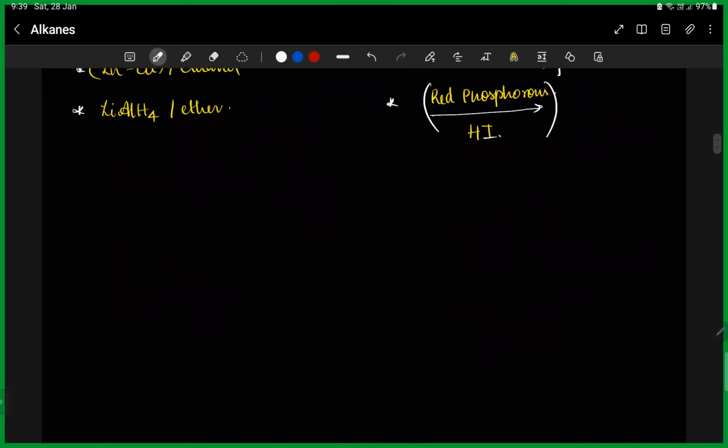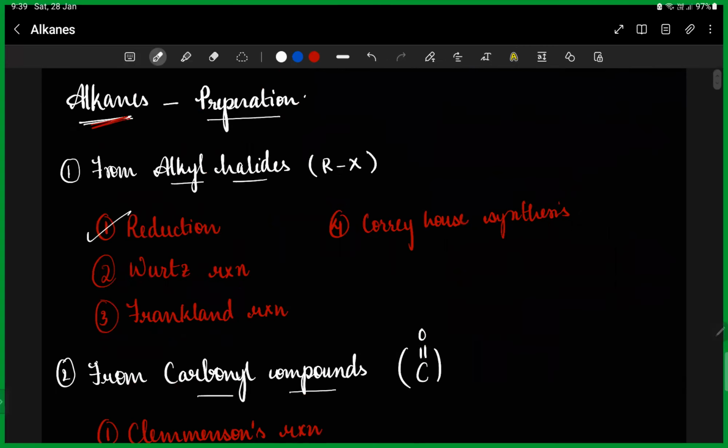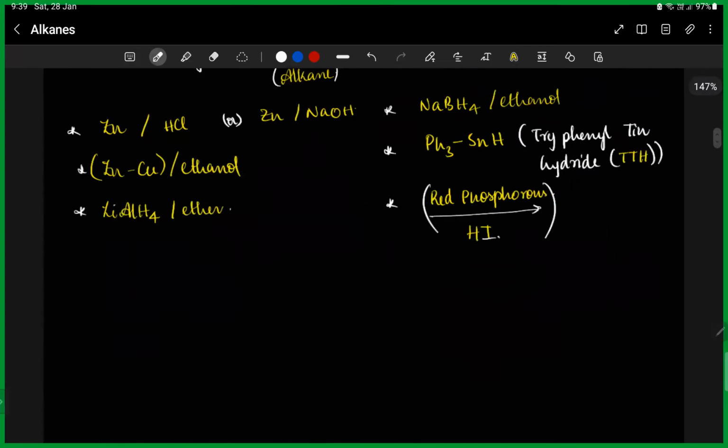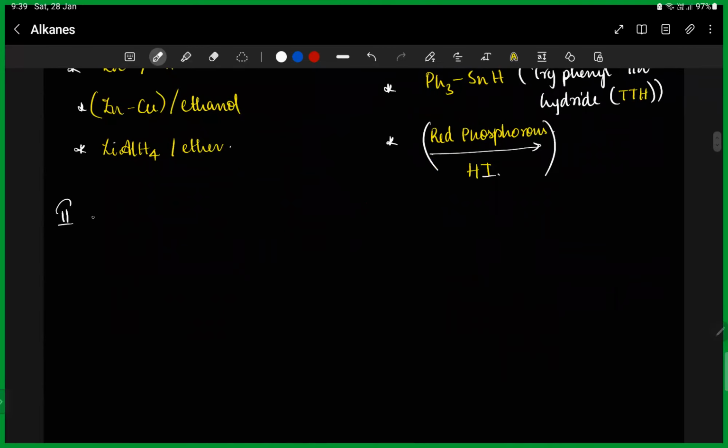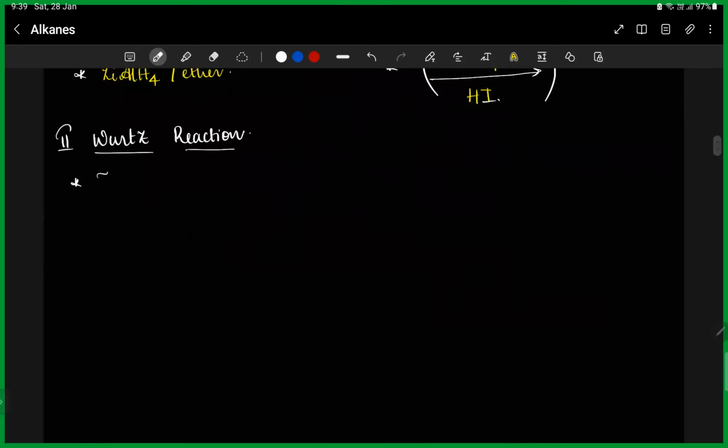Now, the second preparatory method here is Wurtz reaction. Wurtz reaction is a famous preparatory method of alkanes. An important point under Wurtz reaction is that it gives good yield in case the chain contains an even number of carbons.